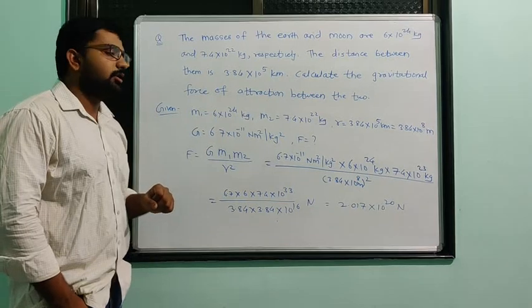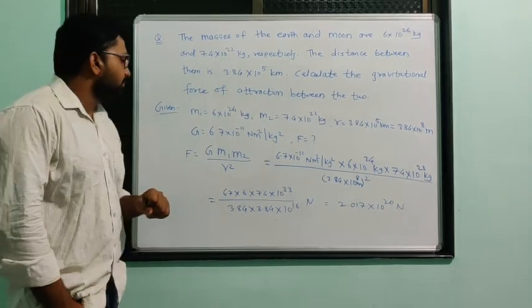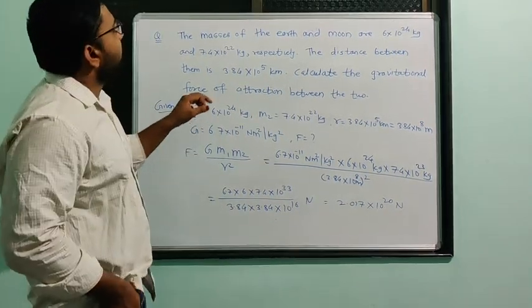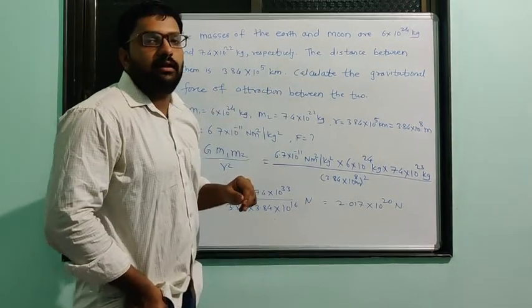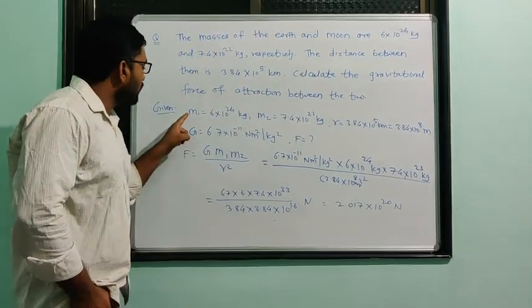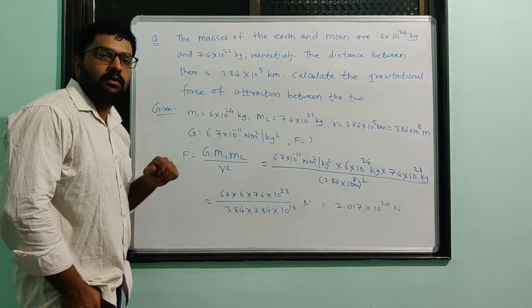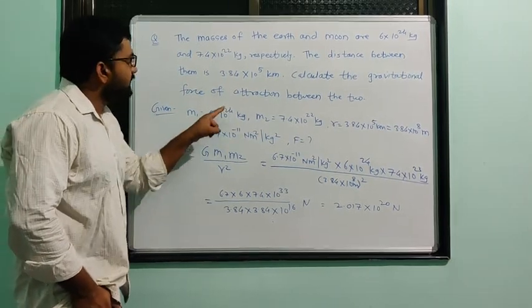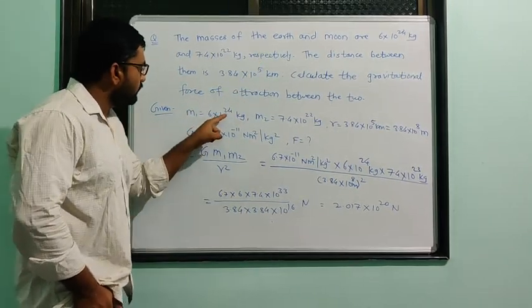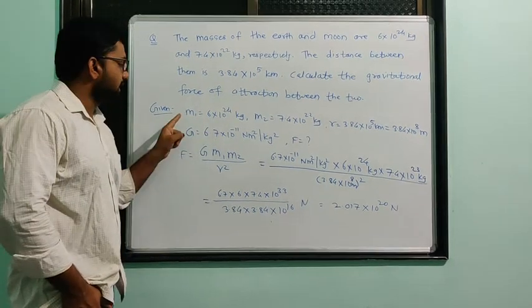Okay, so first of all, again we have to write the given data. Here the masses of earth and moon are given. Okay, so we can call m1 the mass of earth, and the mass of earth is 6 into 10 raised to 24 kilogram. That is m1.